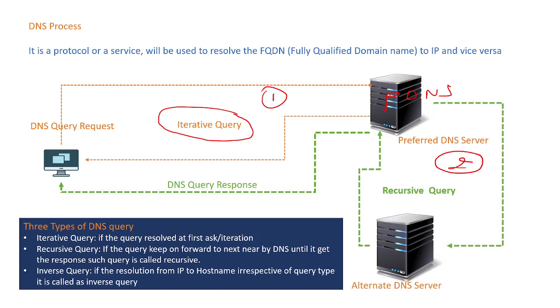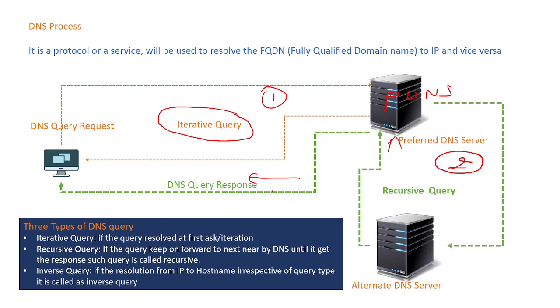Then the alternate DNS server checks in the zone, and it finds the address resolution for that. It sends the information to the preferred DNS server, and the preferred DNS sends it back to the computer. Here the queries keep on forwarding: the computer sends the query to the preferred DNS, and the preferred DNS sends the query to the alternate DNS server.